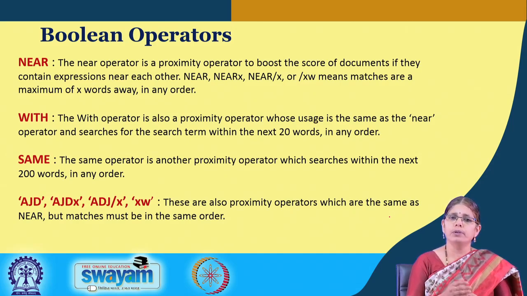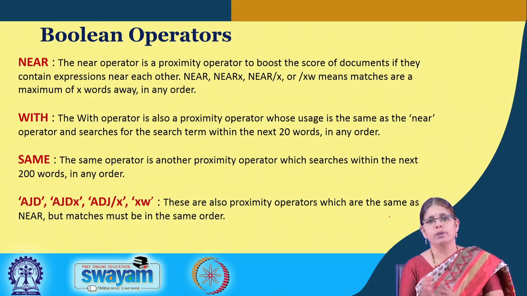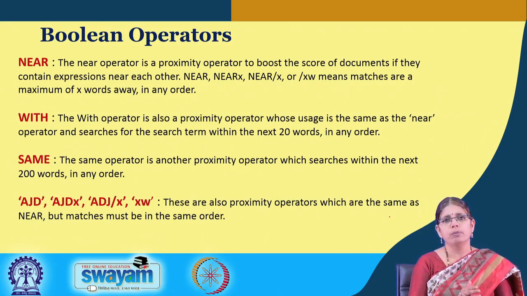So often you are looking at, let us say, 2 or 3 different molecules or components, and you would look at near 4 terms, that is, this term is adjacent to so many different terms. Therefore, you can use the Boolean operator near. You can also use with as an operator, which also gives the proximity. So with, and you can indicate the number.